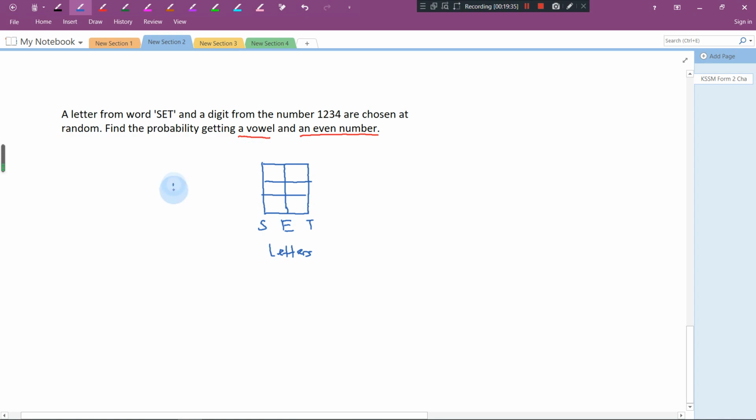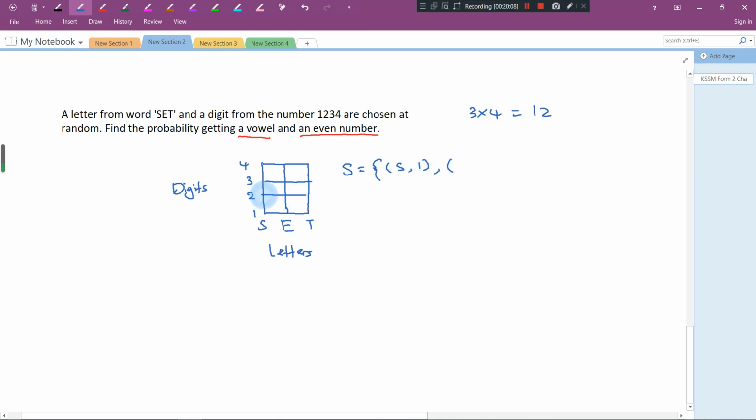Now we go to the digits. We have 1, 2, 3, 4. If you want to list out all the possible combinations, how many combinations should there be? Here we have 3 possibilities. Here you have 4. 3 times 4, that will be 12. So if you want to list out, then it will be S1, S2.